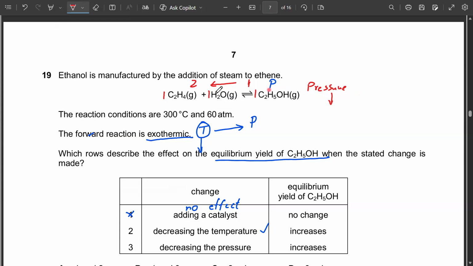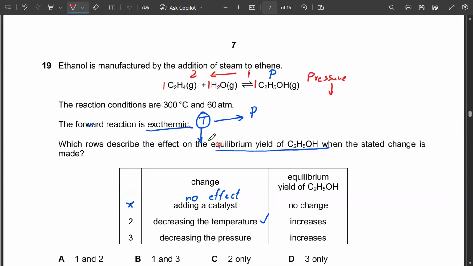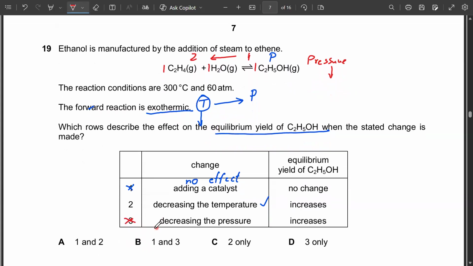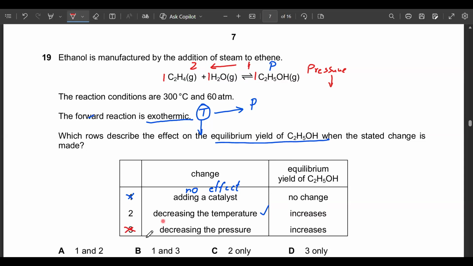So it is towards the reactant side, which is not correct for our increased amount of yield. So the third statement is also wrong. Decreasing the pressure shifts the equilibrium towards the reactant side. So it's only the second statement that is correct.